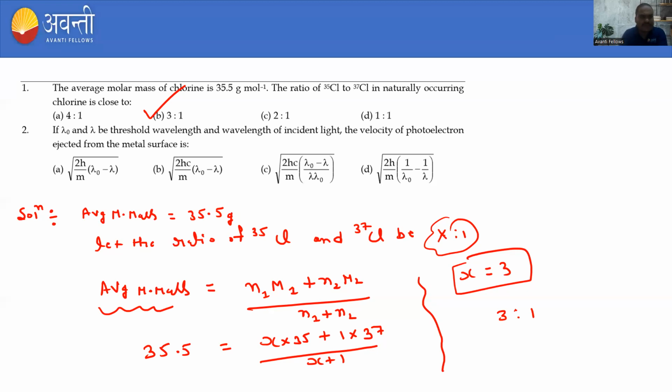So the next question is, if lambda naught and lambda are the threshold wavelength and wavelength of the incident light, what is the velocity of the photoelectron ejected from the metal surface? So this question is from the Einstein photoelectric equation, right? So this is from the structure of atom chapter. So let me solve this question.